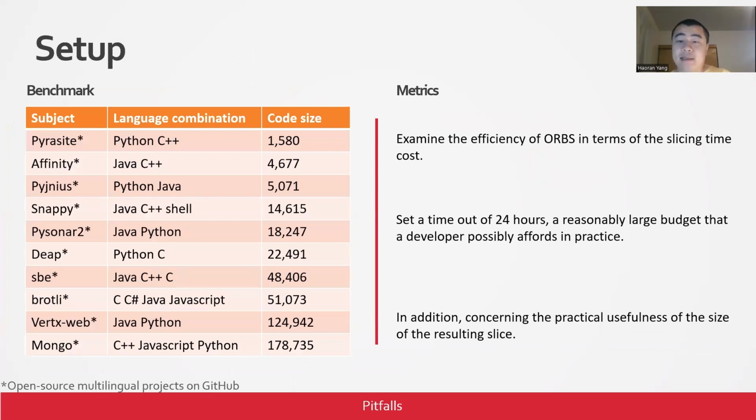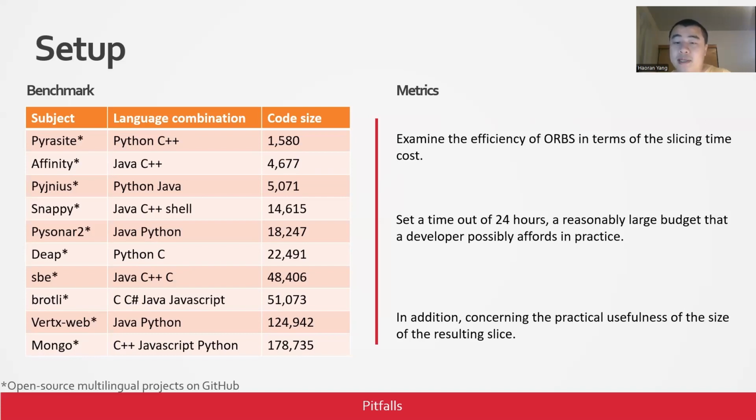To validate that, we set up an experiment to assess the analysis in ORPS. We select 10 open-source multilingual projects from GitHub as benchmarks. The evaluation metrics focus on the efficiency of ORPS in terms of the cost of slicing time.